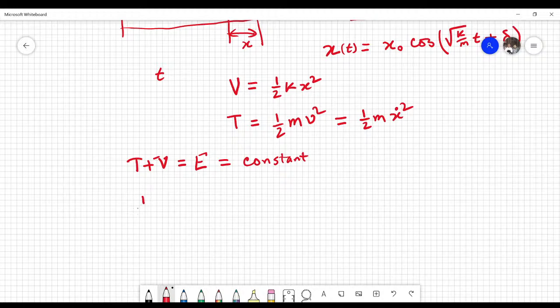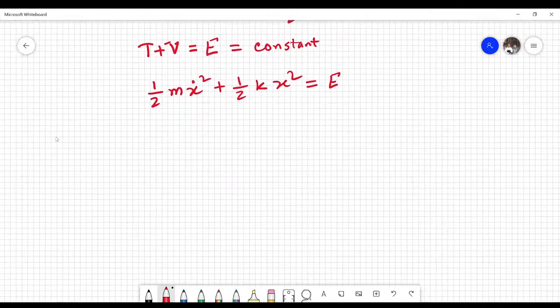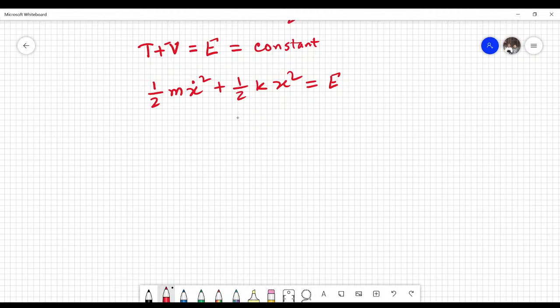You get half m x dot squared plus half k x squared equals E, which is a constant quantity. Now what's the relation between position and the velocity? To get that, we can simplify the expression a little bit. Let's simplify.